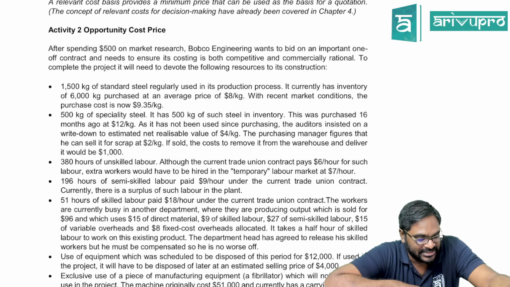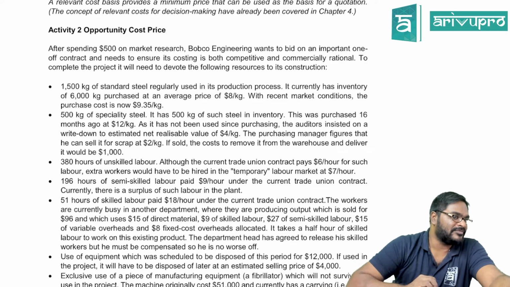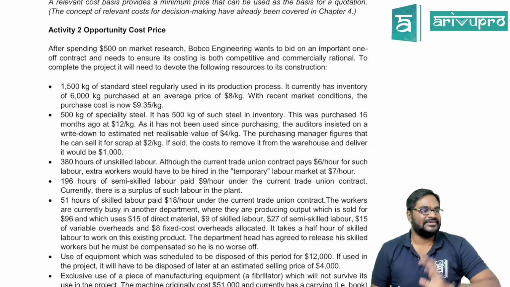Number one, 1,500 kilograms of standard steel, regularly used in its production process. It currently has inventory of 6,000 kilograms purchased at an average price of $8 per kilogram. With recent market conditions, the purchase cost is now 9.35 per kilogram. So what is the relevant cost here?